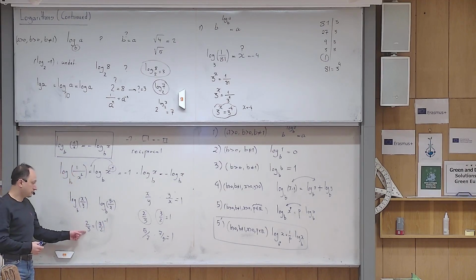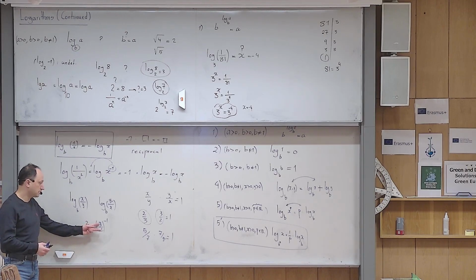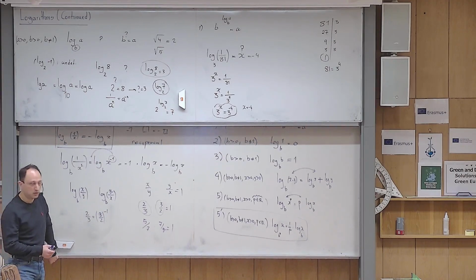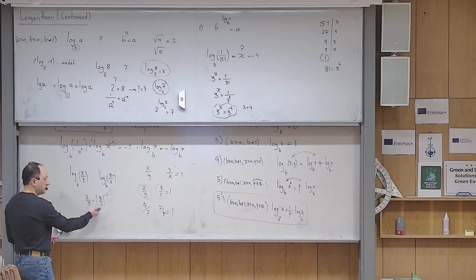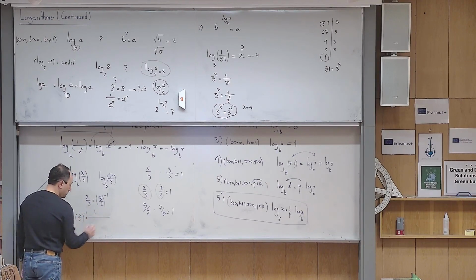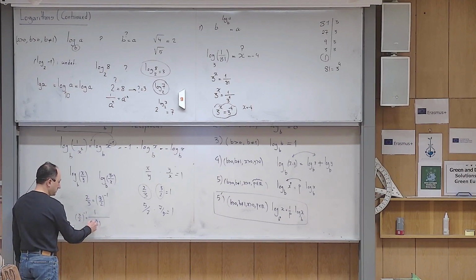So let me just tell you the answer. One simple way to flip 2 over 3 is flipping them, but the price that you have to pay is to put the power minus 1. Why is this correct? Because if I ask you what 3 over 2 to the power minus 1 is, it becomes 1 over whatever you have with positive power.